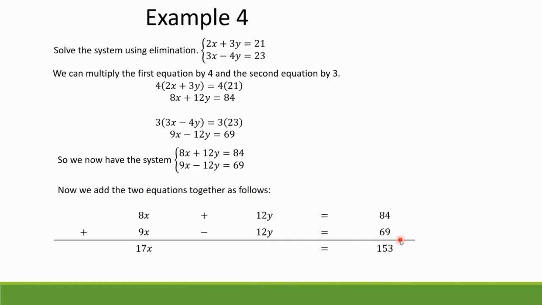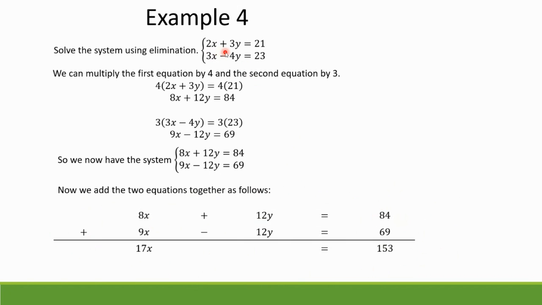So if we add these, what's going to happen? Well, the y's go away. Here we get 17x. Here, if you add these, you get 153. Sometimes you may have to play around a bit.